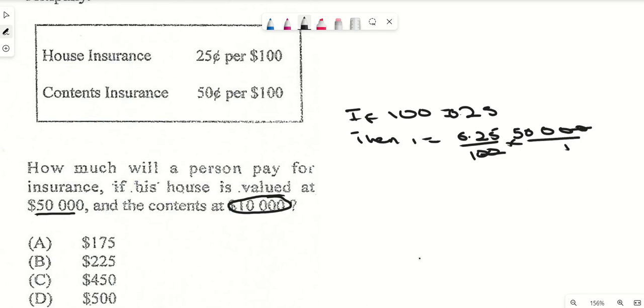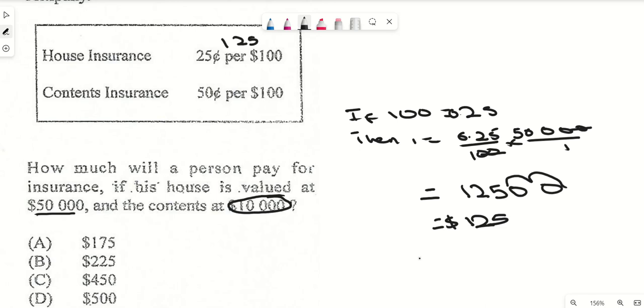So you get 500 multiplied by 25, right? That's 12,500. So 5 by 25 is 125. You add your two zeros and we have to count back 1, 2. So it would be $125 for your house insurance. So we will put that 125 on top here.